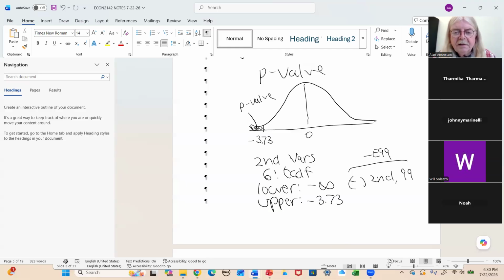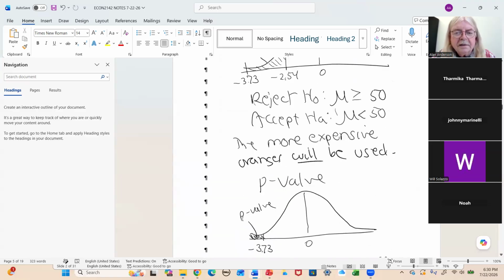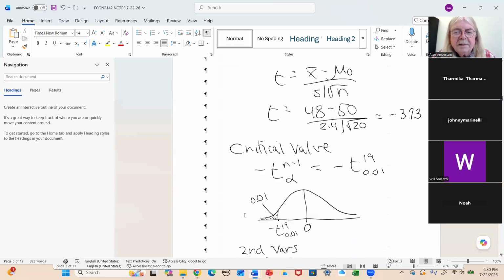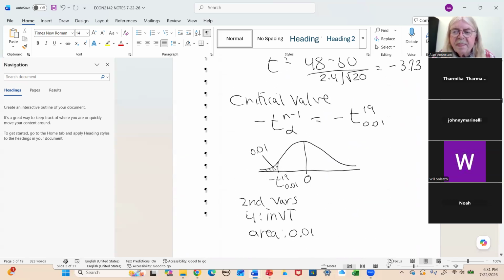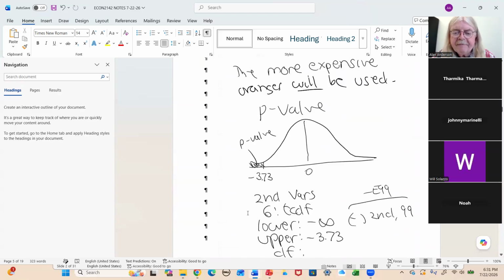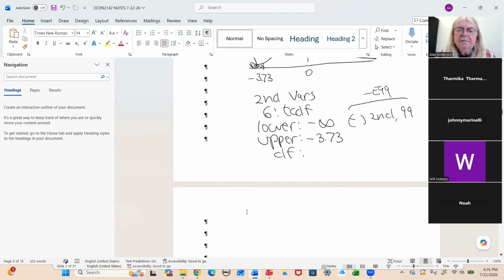Degrees of freedom, as we just saw, is 19 because the sample size is 20. All right, let's see what it is.